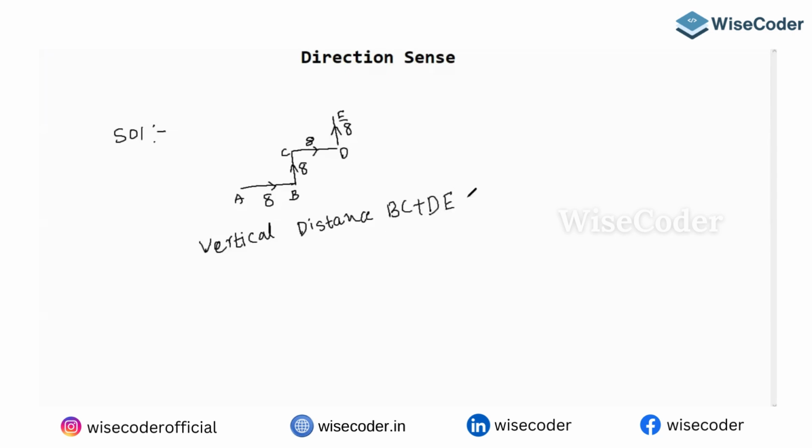What is BC? 8 kilometers. And what is ED? That is also 8 kilometers. 8 plus 8 is 16 kilometers. So the vertical distance is 16 kilometers. Okay, let's go to the next question.